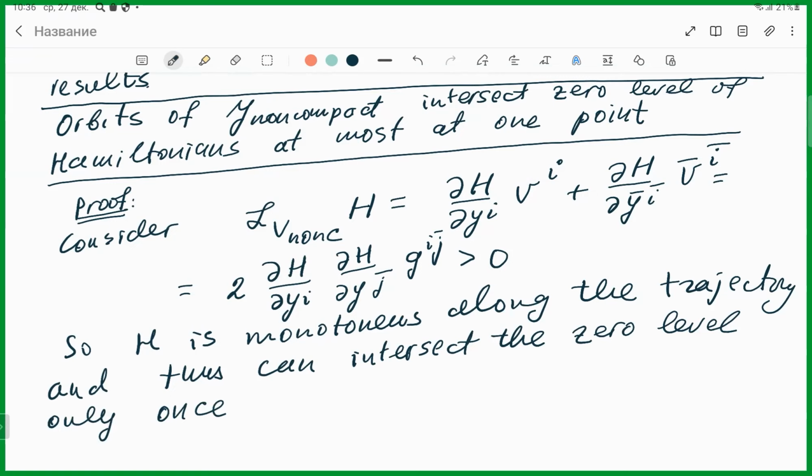And this could be generalized to the multidimensional case. Since I don't have enough time, I just want to give you examples.